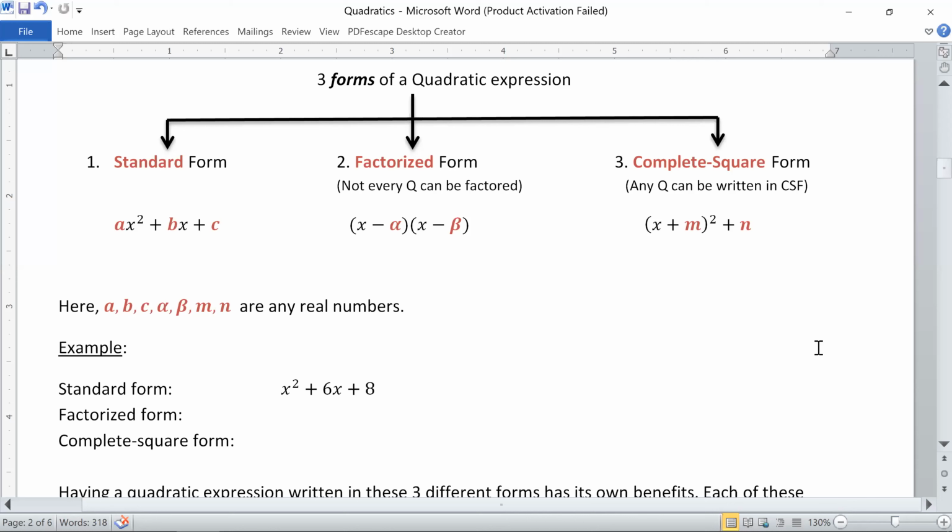With the capital Q, that's like an abbreviation that I use to stand for quadratic, to save space because I can't write all that here. I'm using a capital Q whenever I want to say quadratic.